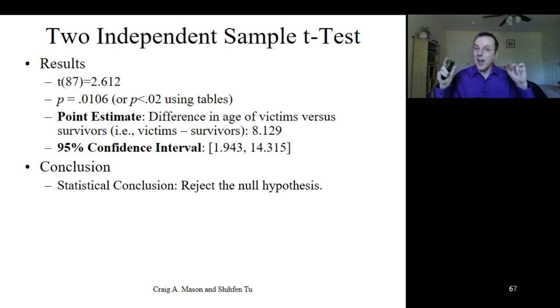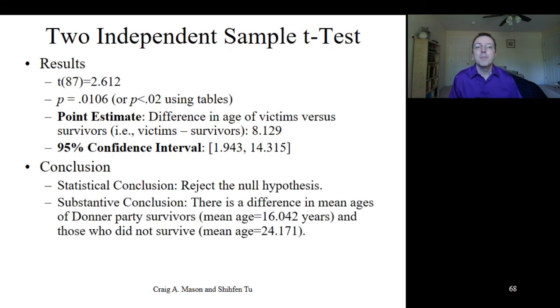We're 95% confident that the difference between victims and survivors is not 0. There is some difference, and that also tells us to reject the null hypothesis. The two agree. Our substantive conclusion is therefore that there is a difference in the mean age of Donner Party survivors and those who did not survive.